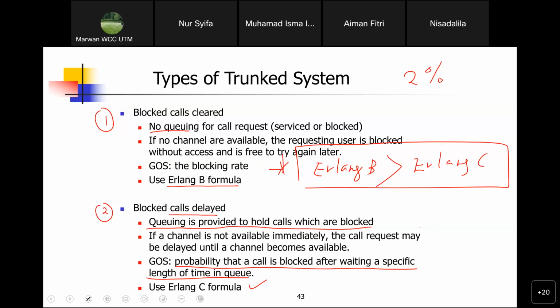Erlang B can serve more users than Erlang C, because for Erlang C we need to put extra effort to allow the user to queue or to wait. So let's look at Erlang B. Whatever example we look at after this will be Erlang B, but mainly Erlang C is the same.